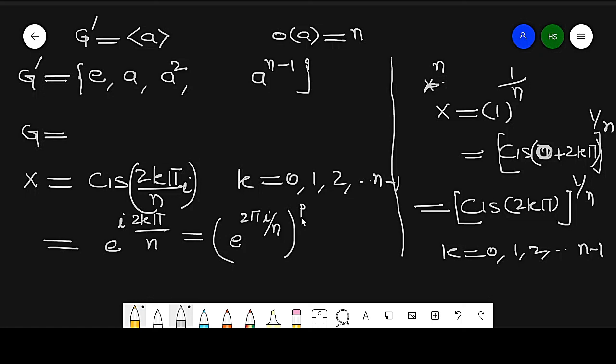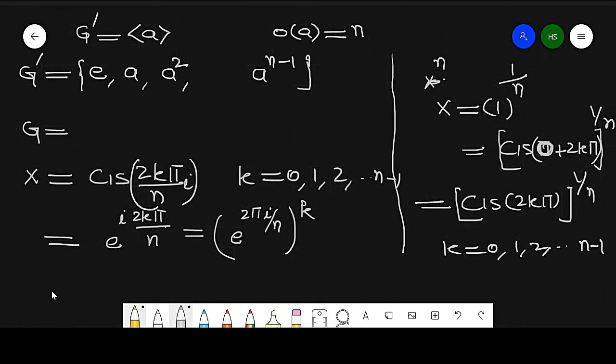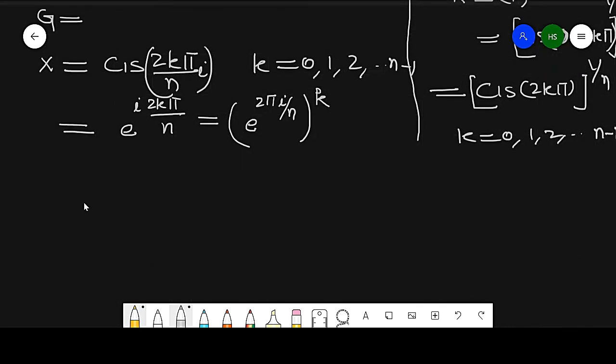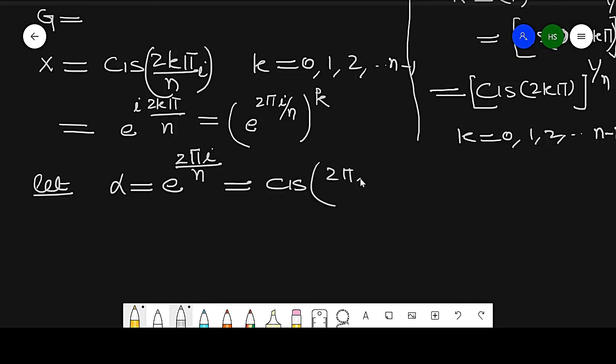So if I write, for simplification, let alpha be equal to e raised to power 2 pi iota by n, that is cis of 2 pi iota by n.